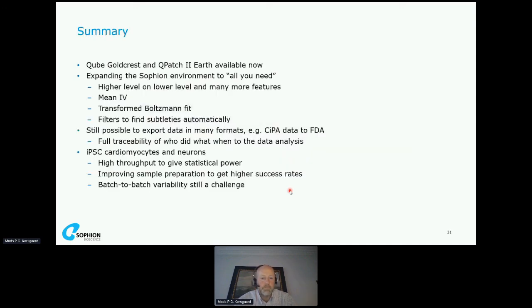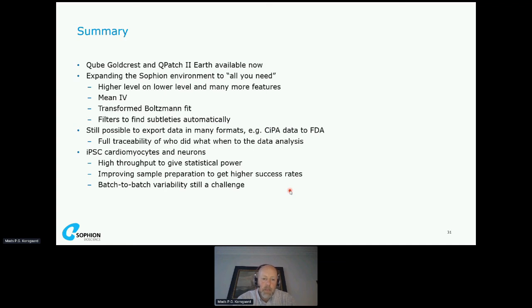Just contact us. So in summary, Qube Goldcrest and Qube 2 Earth are available now. We are expanding the Sophion environment to all you need, as I dare call it here. We have the higher level and lower level and many more features, and especially the higher level, lower level. I trust you will find that a very powerful step in these new software versions.